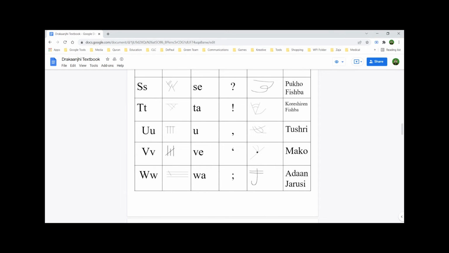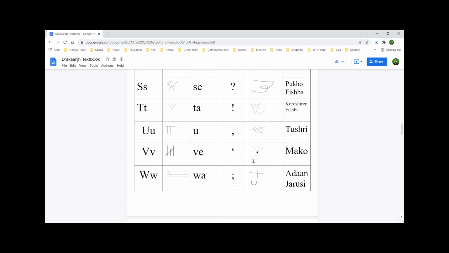Now, the next symbol we have is the apostrophe, or mako. Now, this is unique because this did not actually exist in the Drakaanjhi language until they made contact with the Makovian people, and I will explain more about that in a separate video.